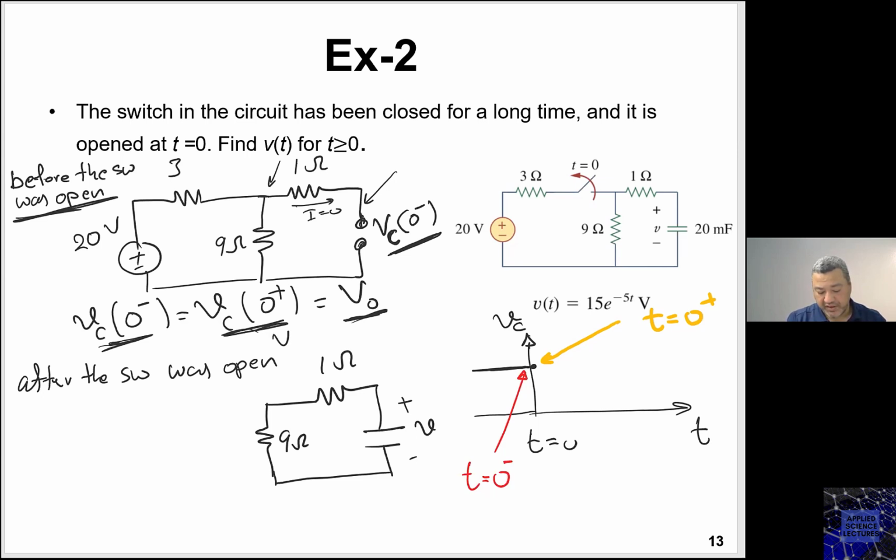Because VC0 minus equals 20 times 9 over 9 plus 3. And in this case, 9 over 12 times 20 equals 15 volts.